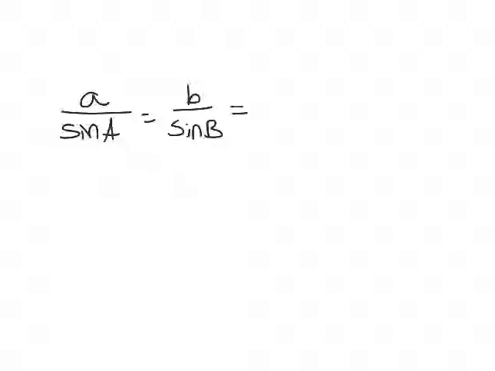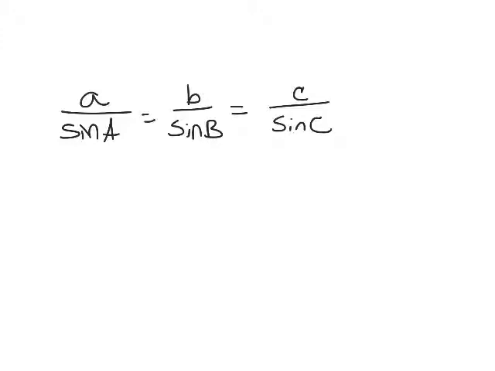If we want to put the sides in the numerator, we can say a over sine of A is equal to b over sine of B, and that's equal to c over sine of C. That is the law of sines, and that helps us find missing sides or missing angles depending on what you are given. So we're going to take a look at that next.